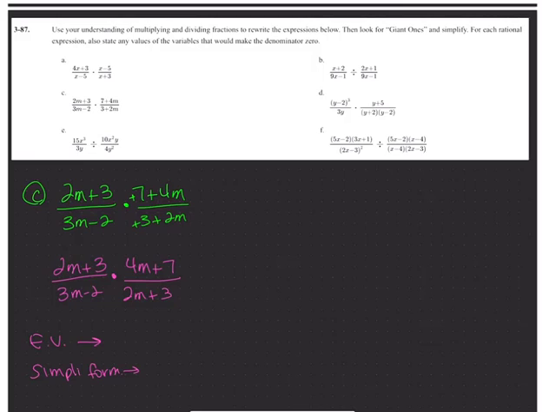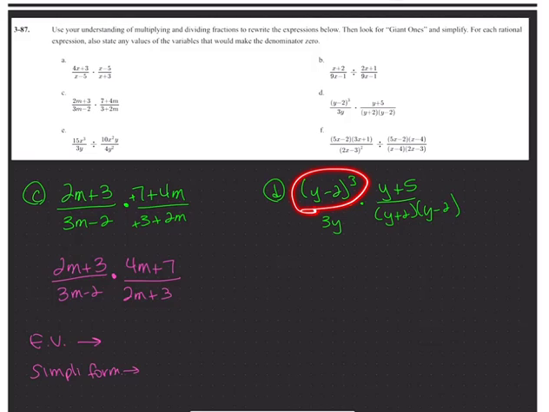On D, like I said, they're just making it a little bit more fancy. They're giving us y minus 2 to the third over 3y times y plus 5 over y plus 2, y minus 2. So what does y minus 2 to the third mean?